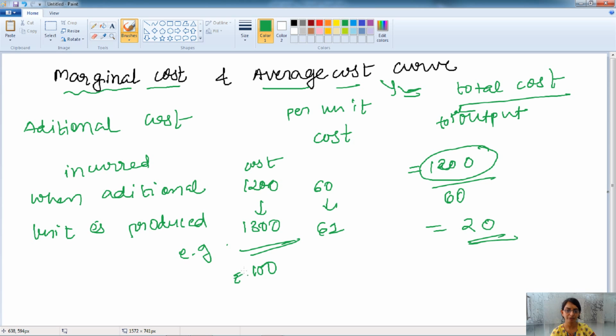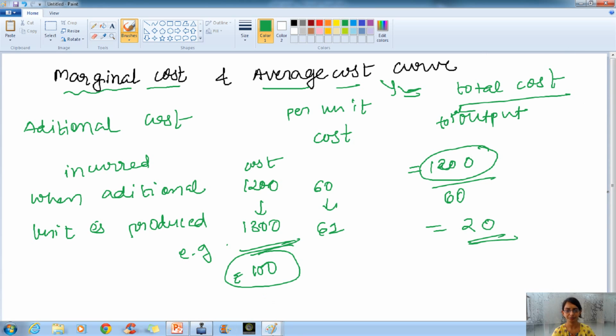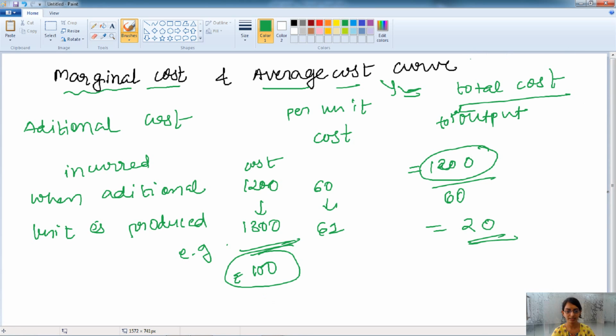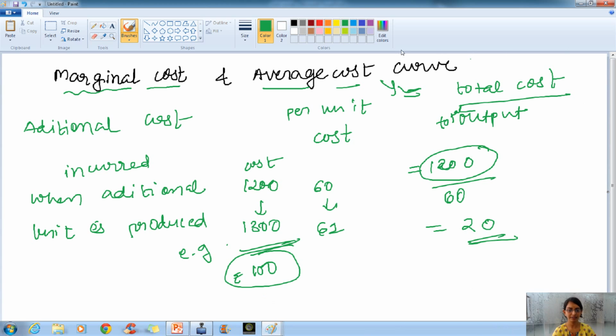So here the difference is 100 rupees. So this cost is known as the marginal cost. Here 100 is our marginal cost. So it is the additional cost incurred when the firm is producing an additional unit of output. So this is about the marginal cost and the average cost. Let's understand this with the help of the graph and the table.